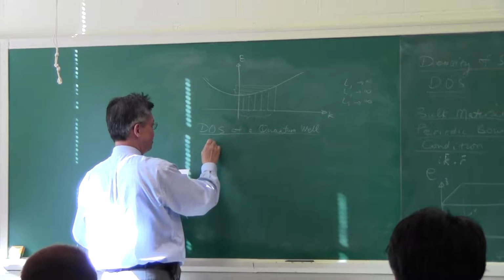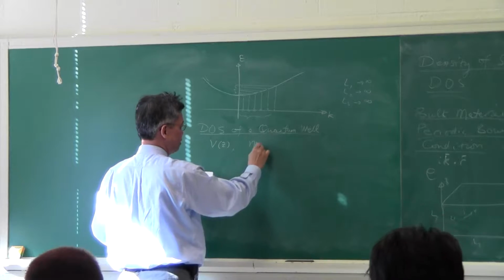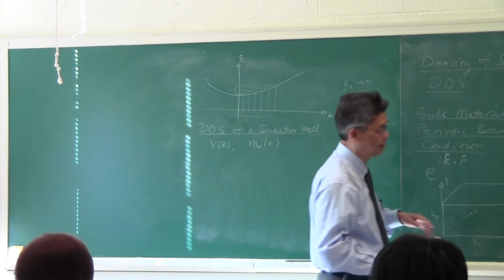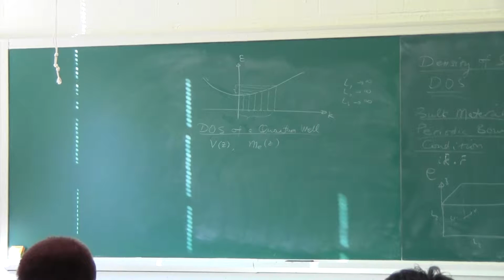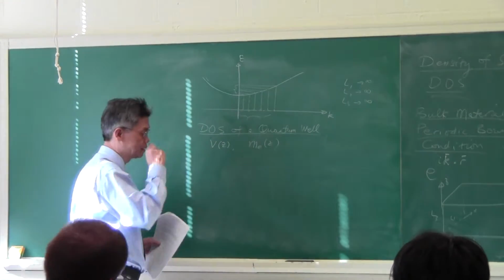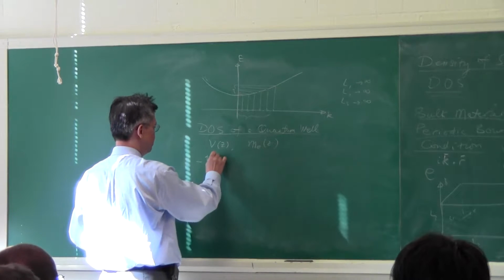So in that case, then V is a function of z only, and the effective mass is a function of z only. We go and make this material by MBE machine, and then we get the effective mass to be changing in only one dimension. We can also get the potential to change in only one dimension.